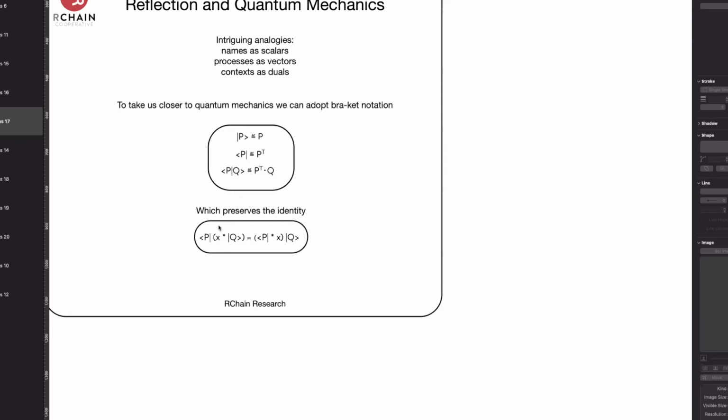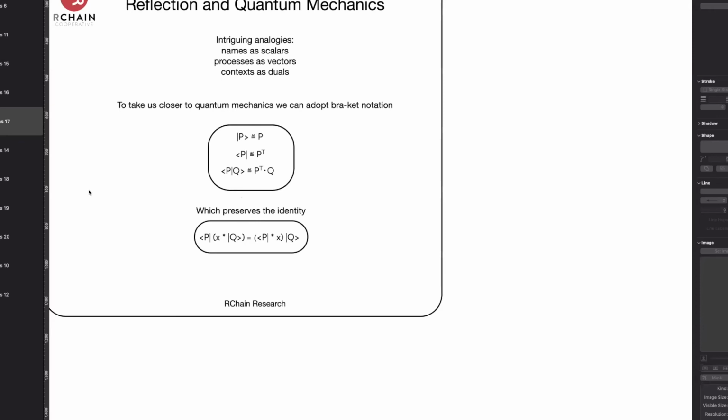So I can put an X in the middle, but more generally, I can put an operator in the middle. So we have to define what operators are, but I won't do that this time.